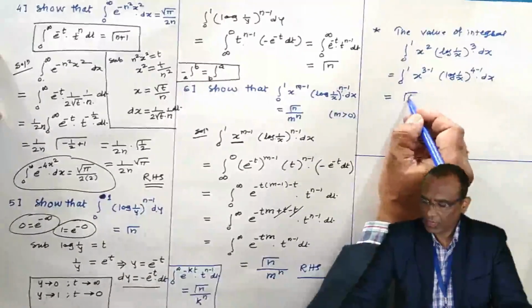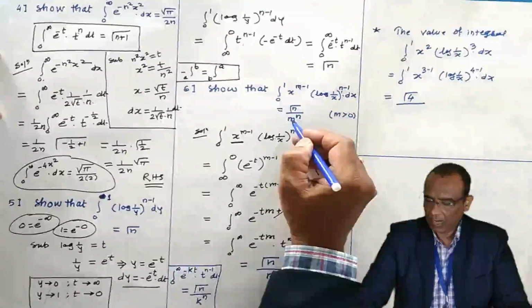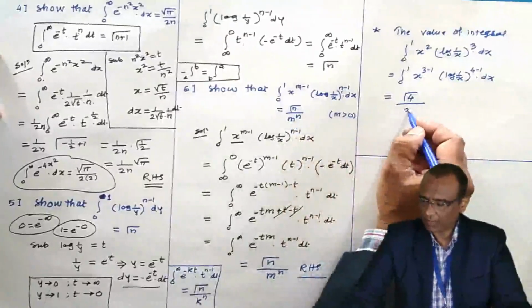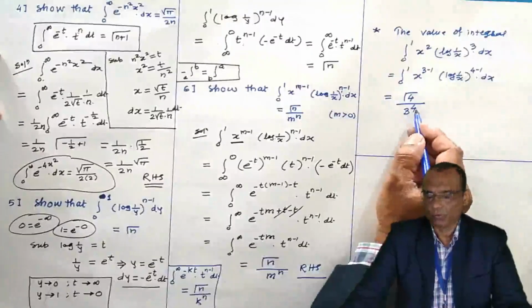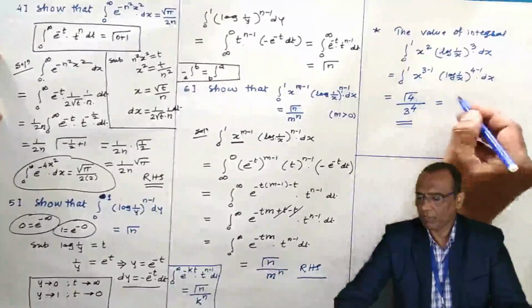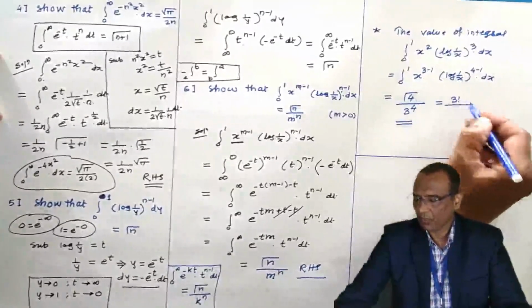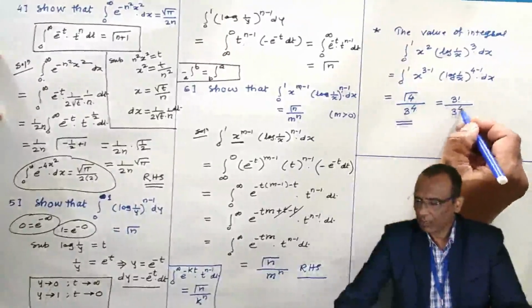Here n is 4 and m is 3. Gamma 4 by 3 raised to power 4. Okay, this is the answer. You can solve it further. Gamma 4 is factorial 3 when n is a positive integer, 3 power 4.